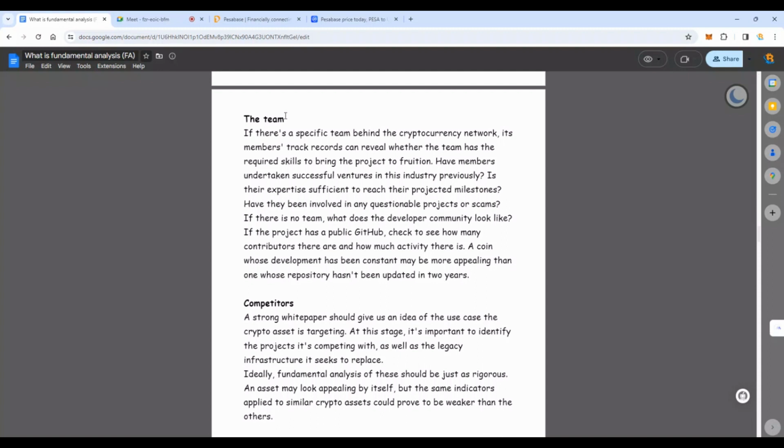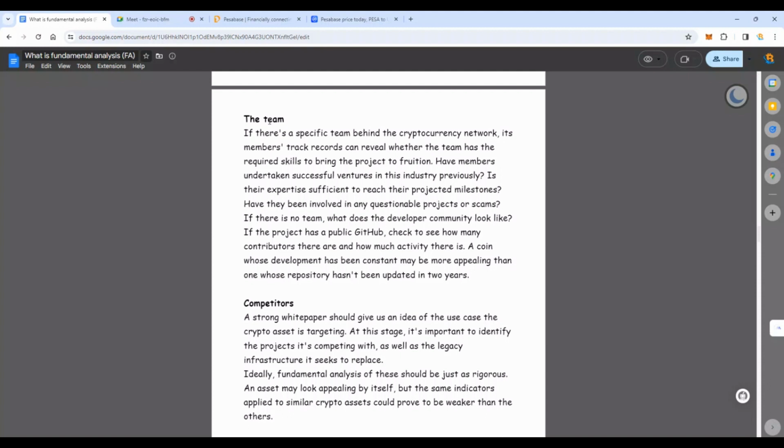A coin whose development has been constant may be more appealing than one whose repository hasn't been updated in 2 years or so. Basically, a repository is like a record or trace of the contributions happening in a given project. You are able to see so and so suggested this last month, another person suggested that the month before. So you can see there is constant progress and contribution in this project.